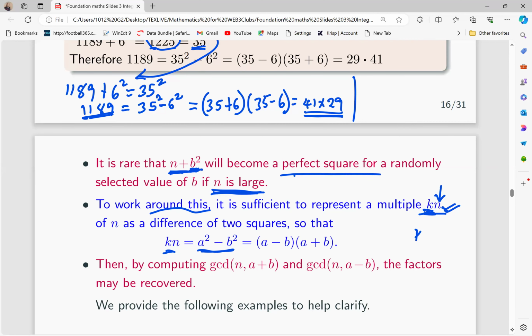And then this huge number, now write it as n square minus b square and factorize the same way we've been doing. After that, you have the result from this bracket and the result from this other bracket. So this result from the first bracket, combined with n, find the GCD.